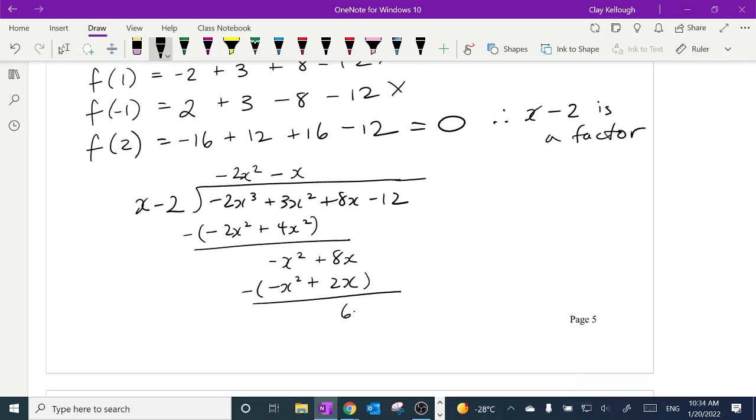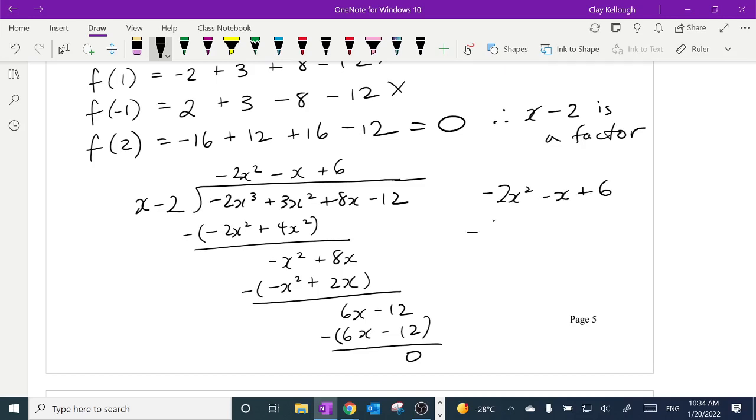So that gives me 6x. Bring down the 12. And times this by 6. 6x minus 12. No remainder. So, my other factor besides x minus 2 is negative 2x squared minus x plus 6.